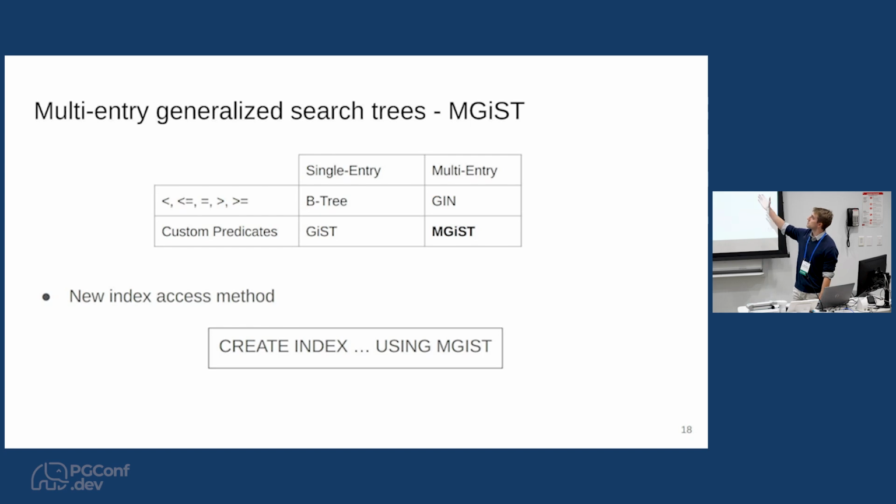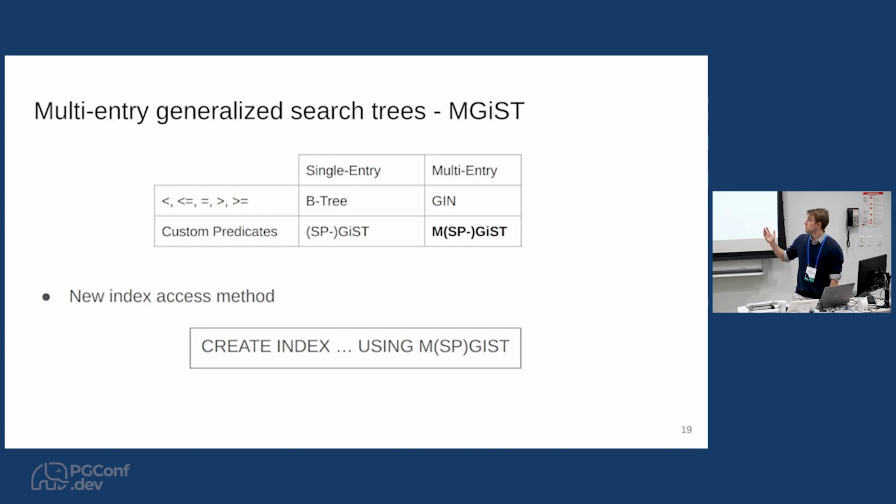And so here you see this access method, which I called MGiST, for multi-entry generalized search trees. You see how it fits with the other access methods. And of course, this works for GiST, and also for SP-GiST. The idea is essentially the same in both cases, where you add GIN-like capabilities to either GiST or SP-GiST.